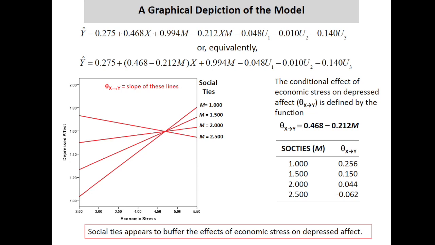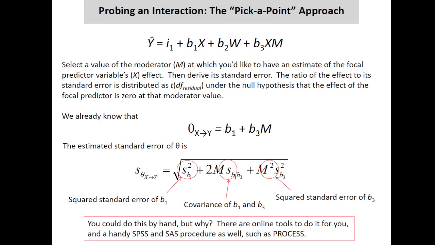So a picture is helpful. And this picture allows us to see how these slopes link onto that function, theta xy. We have a number of tools available to us for doing this. One of them being something called the pick-a-point approach, or you might hear this also called the analysis of simple slopes. Same thing, different label.